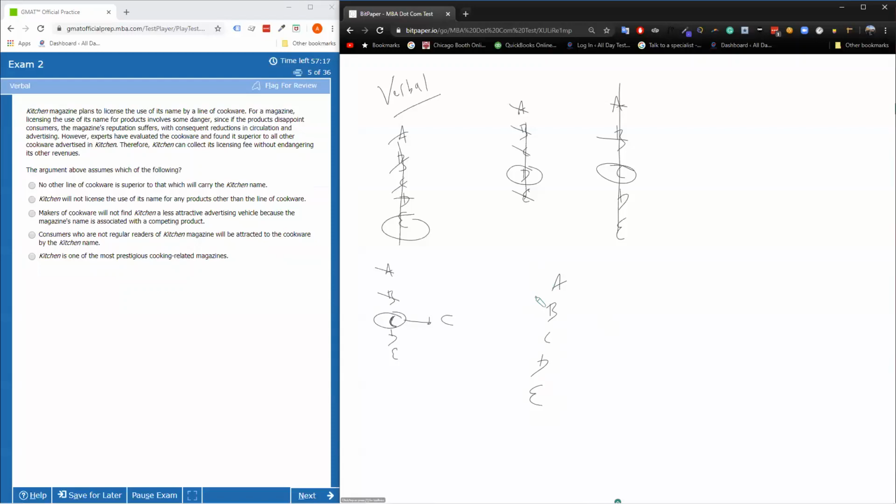No, the line of cookware is superior to that which will carry the Kitchen name. Kitchen will not license the use of its name for any products other than the line of cookware.